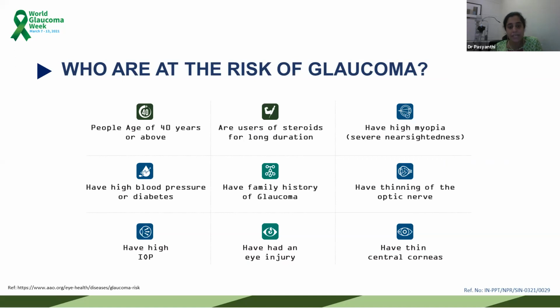And if you have a family history of glaucoma, definitely you need to get yourself screened. And if you have thinning of the optic nerve, which is tested when you are getting tested at an eye specialist, or if you have high intraocular pressure, that is the pressure inside the eye, or if you have had an eye injury previously, or if you have thin corneas, all these are risk factors of glaucoma.